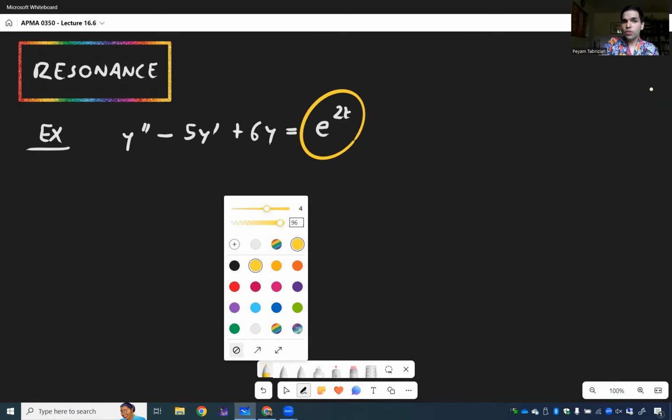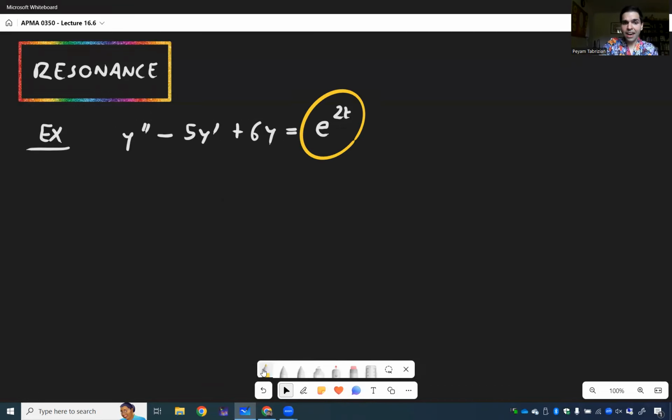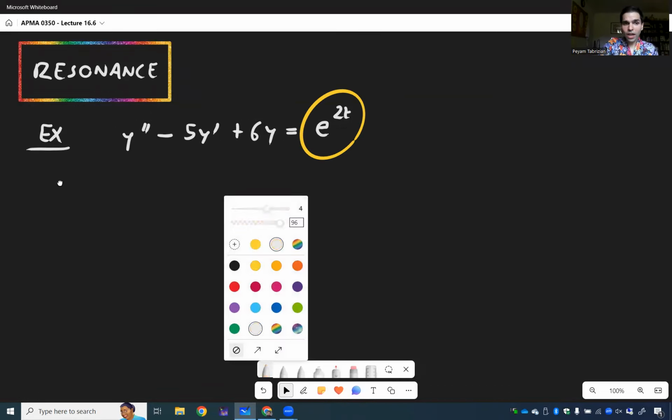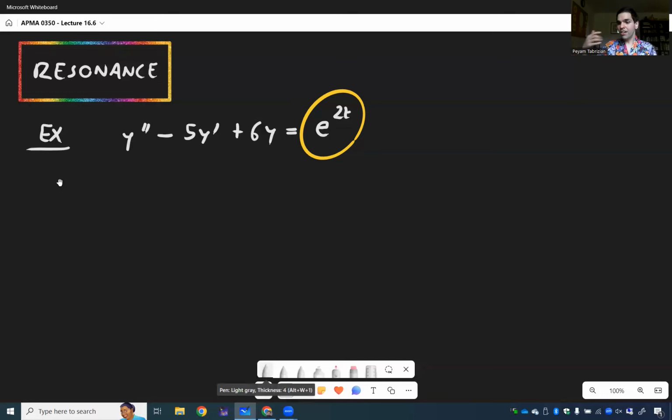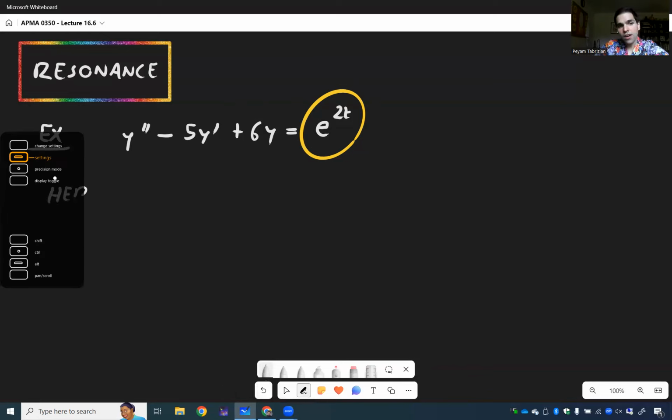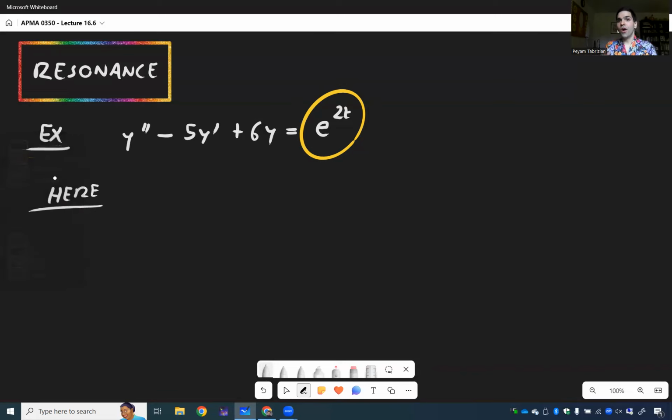And before we do this, look at the right-hand side and try to work backwards. In other words, think about which root of the homogeneous equation would give you solutions e to the 2t. Hopefully you will find that r equals 2 would give you solutions of the form e to the 2t.